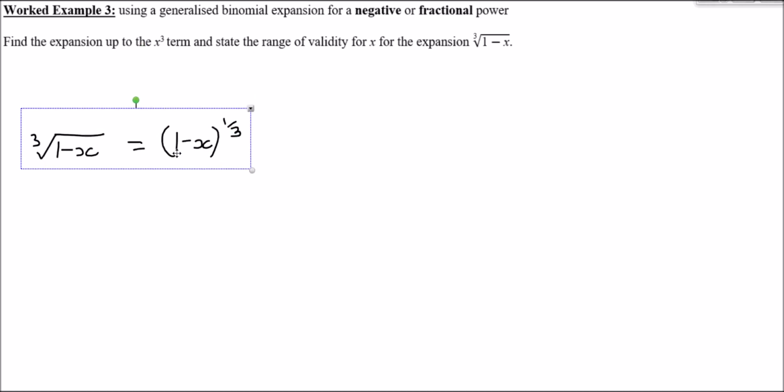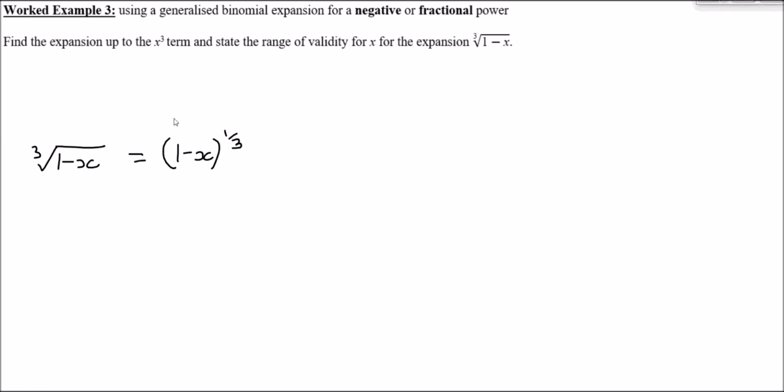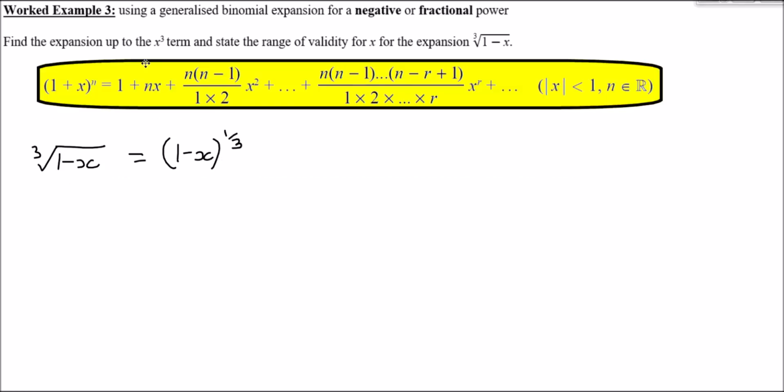I can use this with our definition for the general binomial expansion. So instead of a positive x, we've now got a minus x, but we treat it in exactly the same way. There's no problem whatsoever.